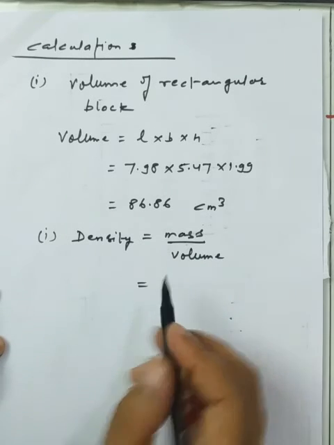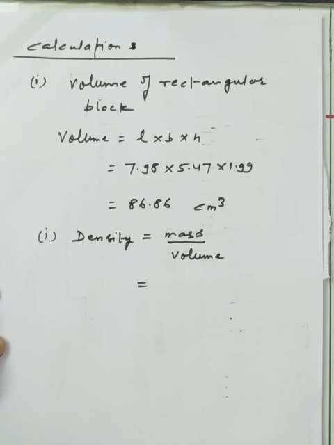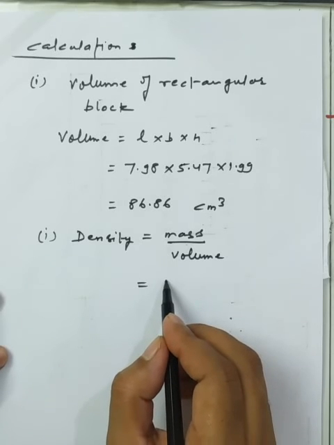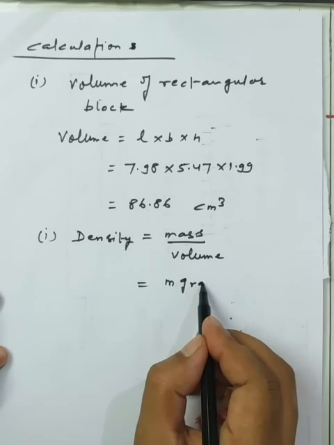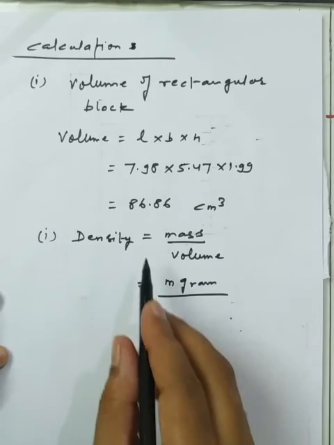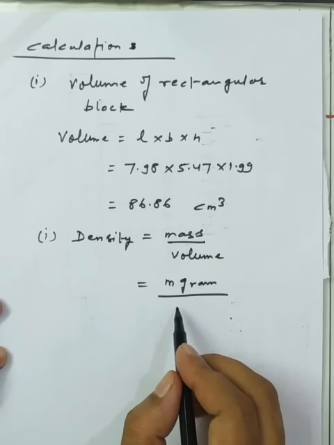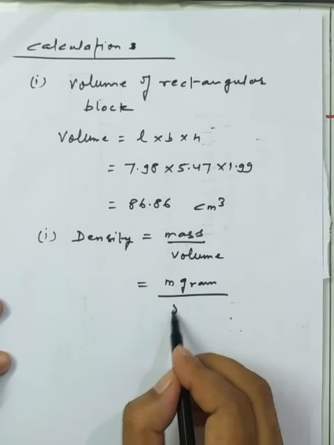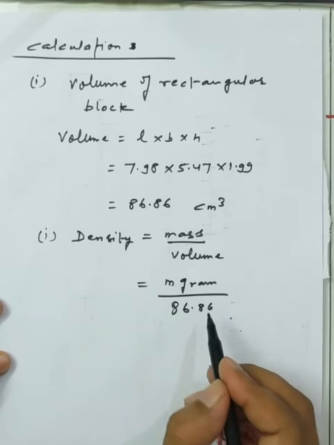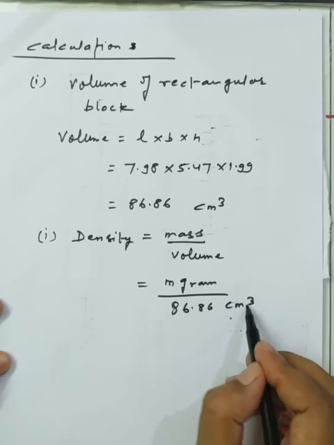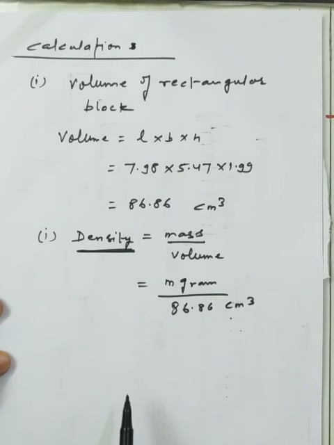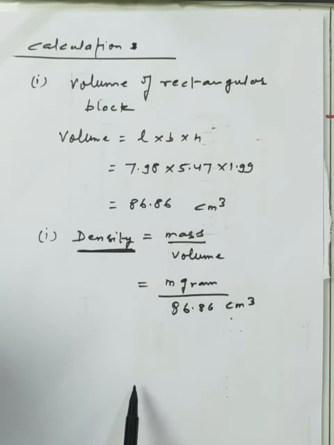By the physical balance or the spring balance, suppose the available mass is m gram. I don't know the mass of the glass slab, but here we can make the assessment about the density. It comes to 86.86 gram per centimeter cube. So this is the information we can get by the help of the different dimensions. This is the part of the calculations we have.